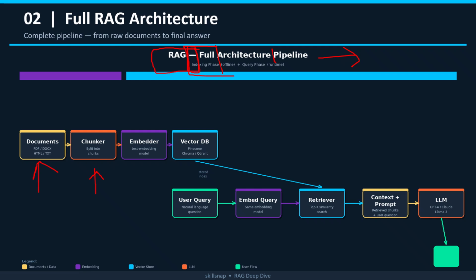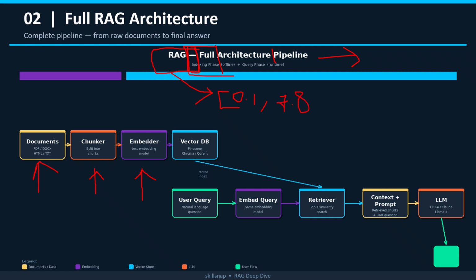Now, once the process of chunking is done, it is sent to an embedder. So what happens in this embedder? It is a text embedding model. So now we are dealing with words, and this embedder will convert them into numbers, let's say vectors like 0.1, 7.8, and so on.